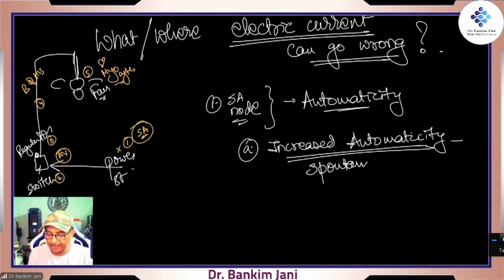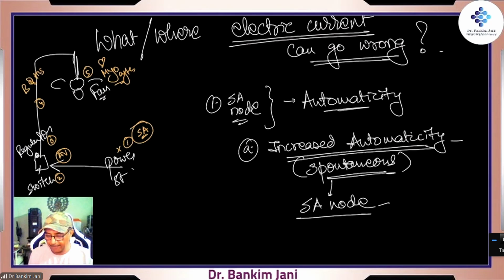So the heart rate would start increasing, because the rest of the wiring and everything is okay. So the heart rate has to rise. Yes, it would rise. This is where the SA node is responsible: increased automaticity at the SA node, and that would handle the whole thing.